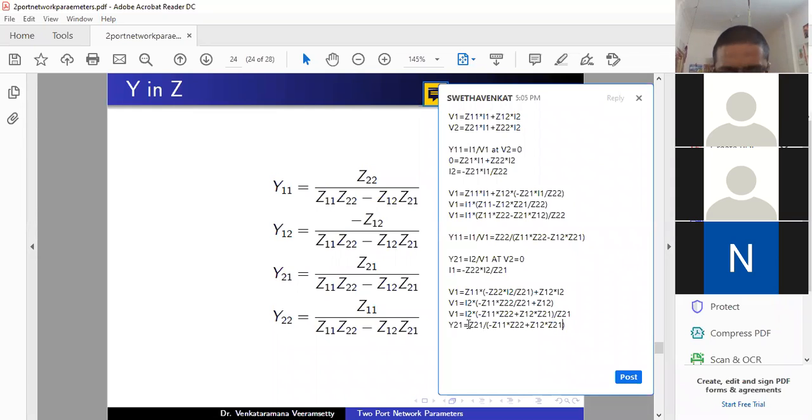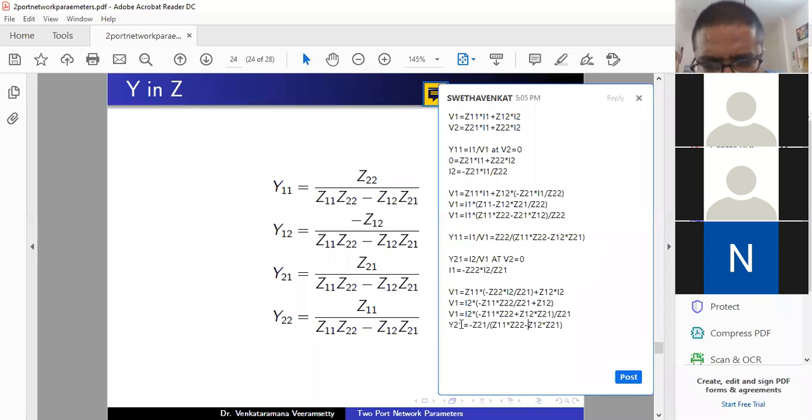Now in this equation, on the numerator and denominator, multiply with a minus sign. Then this will become plus, and this will become minus. So Y21 equals minus Z21 divided by Z11 into Z22 minus Z12 into Z21.